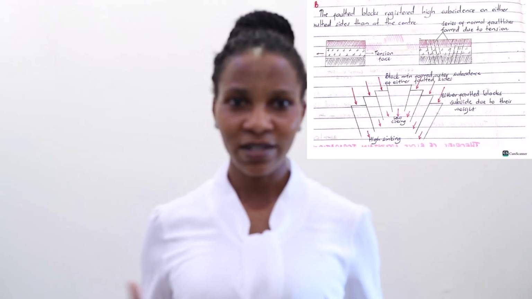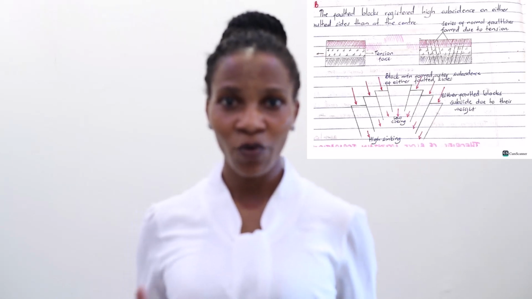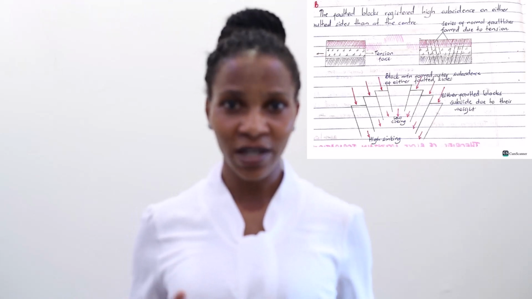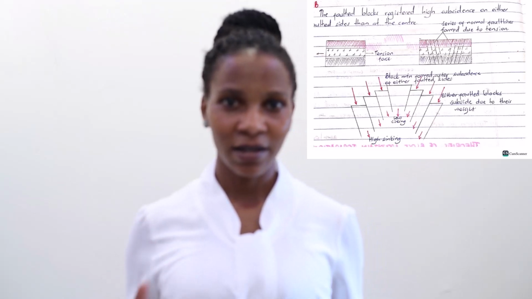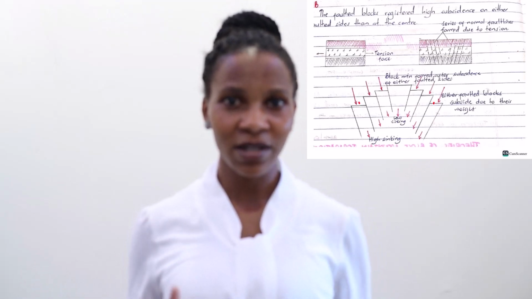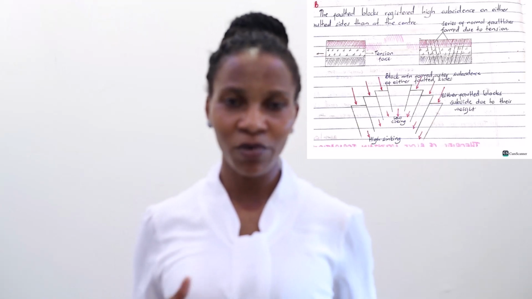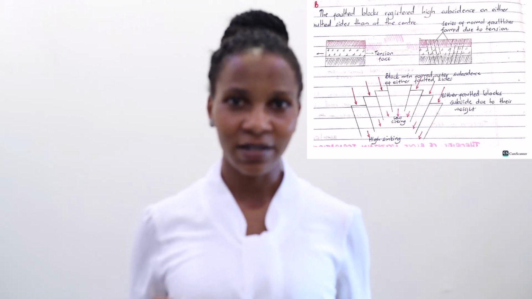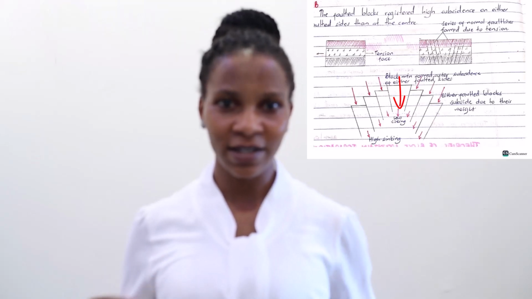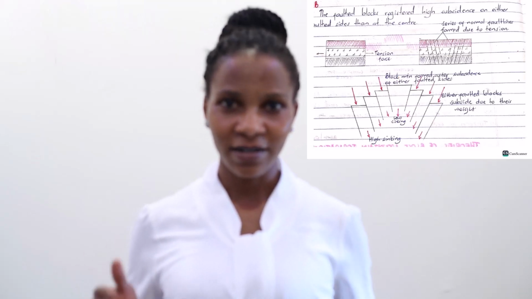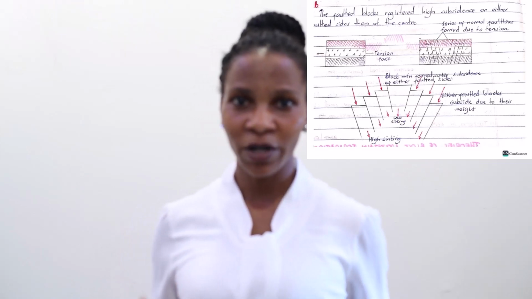Then the continuous tension causes subsidence of these faulted blocks at different rates. During subsidence, the side blocks on the extremes subside at a higher rate, yet the middle faulted block subsides at a lower rate. So at the end of it all, the side blocks sink below the central faulted block, forming a block mountain.